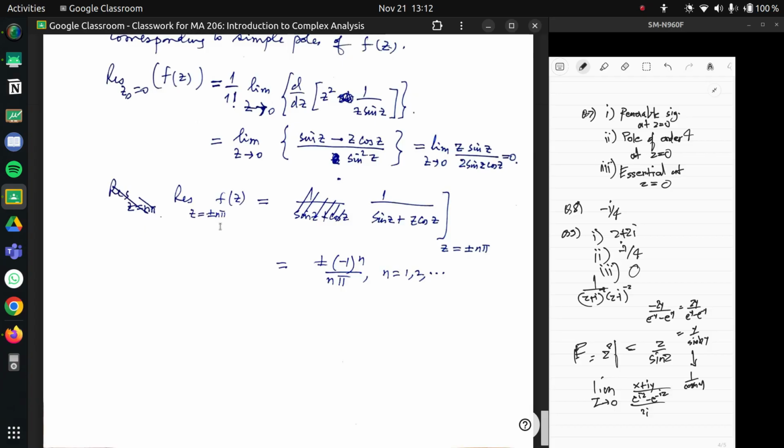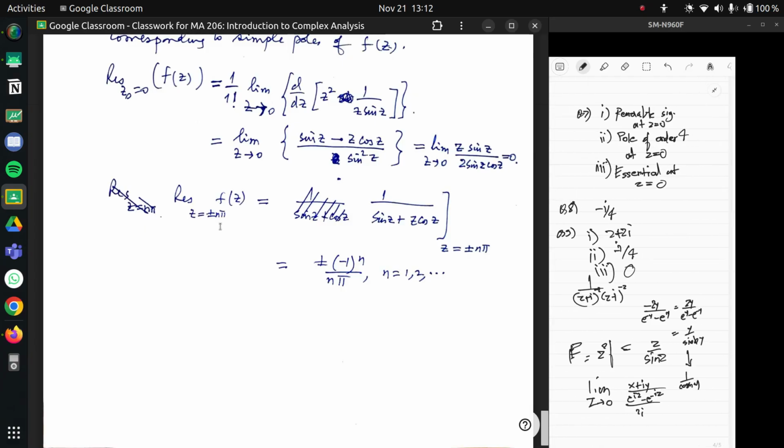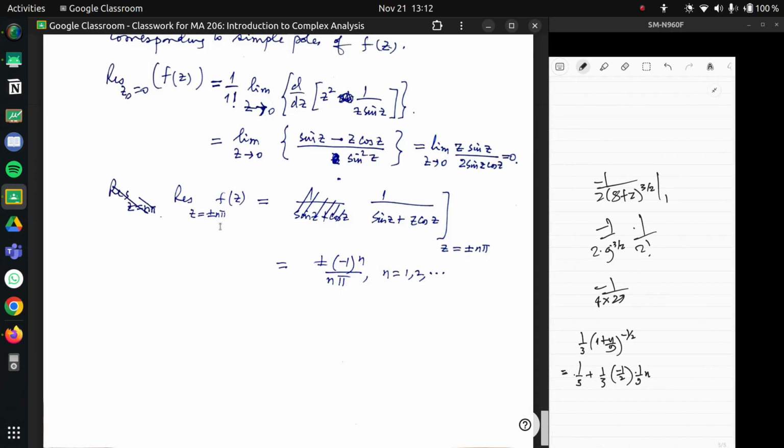Okay, I think I have another way to do it. Probably not the best way, but let's try it out. This becomes 1 upon z plus n pi. Then sine of, or more like z minus n pi plus n pi. So let's call this t plus n pi. The sine of t plus n pi just becomes negative 1 power n sine t. Sure.